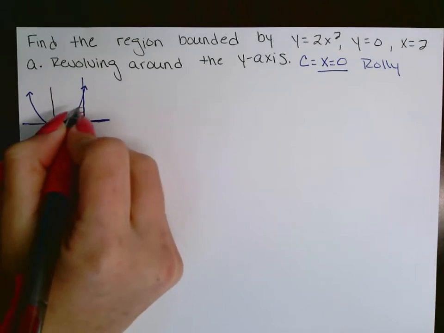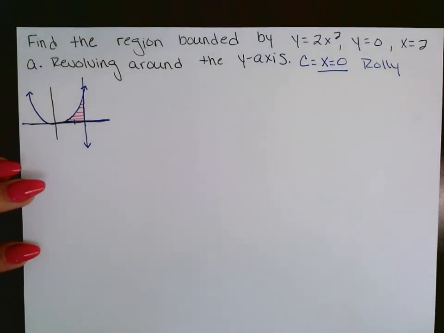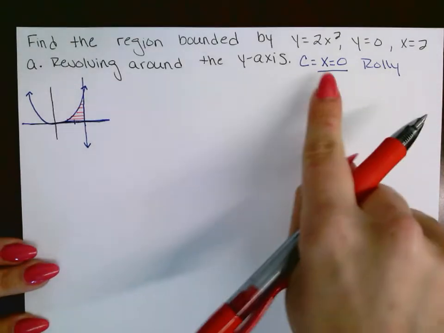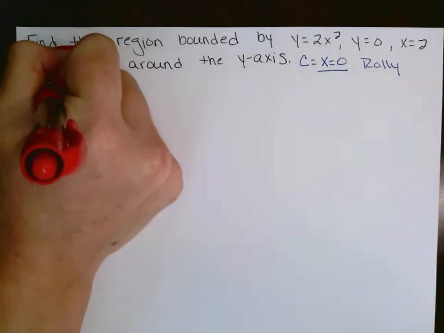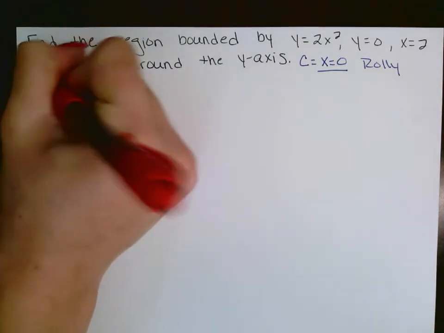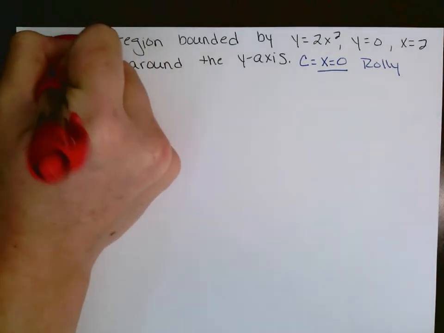You see it? Okay? So this exact image is going to appear in every single one of the 4 examples that we do today. What's different is who I'm going to be rotating around. I want to rotate around x equals 0, which is the y-axis. Okay?